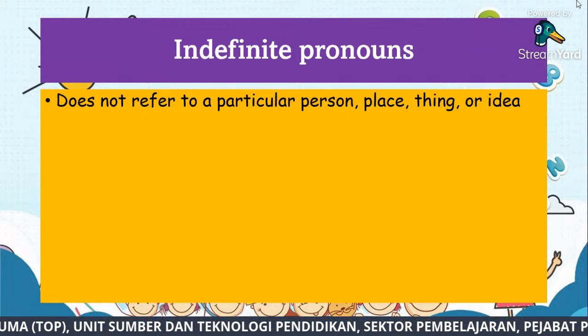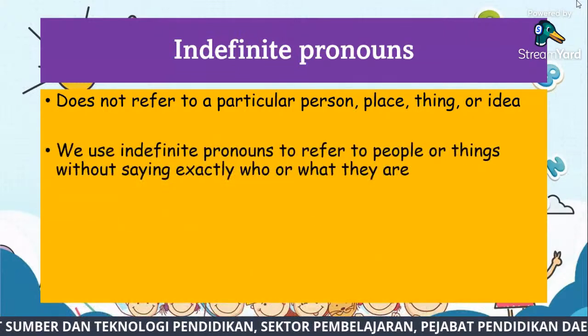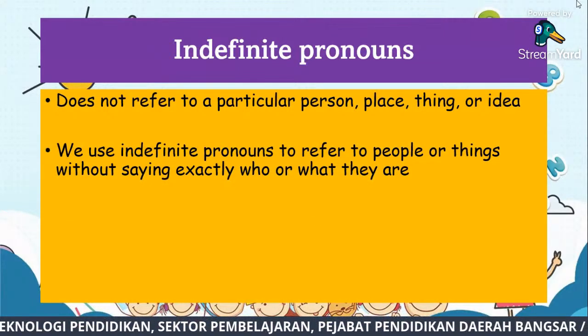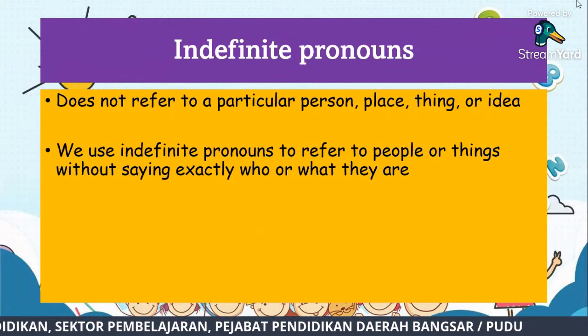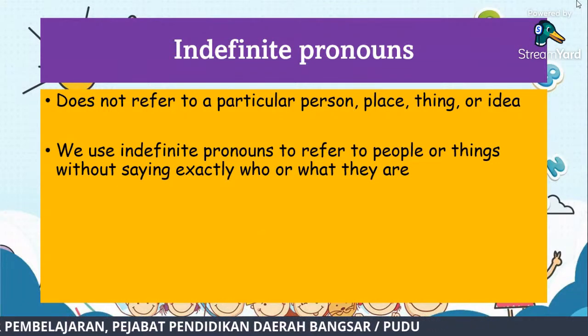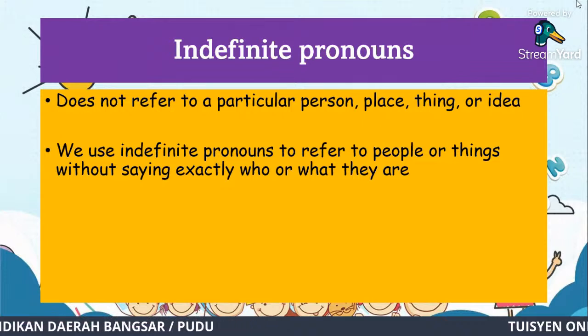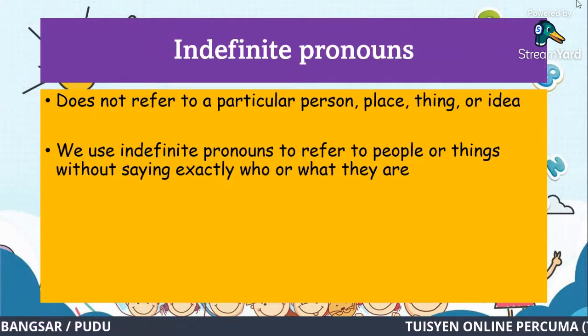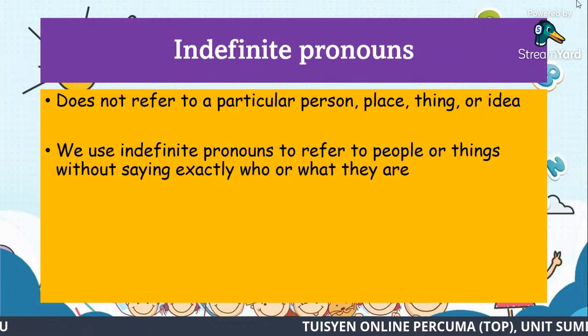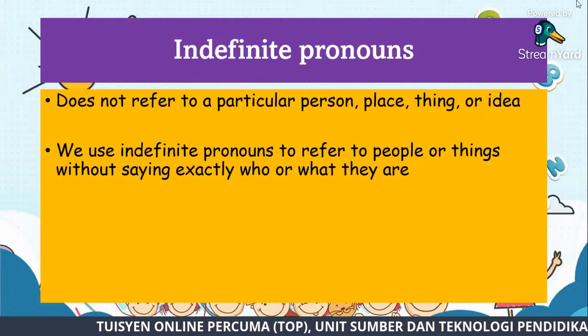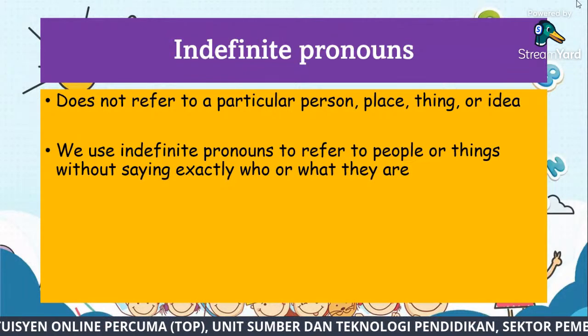That is called an indefinite pronoun. We use these pronouns to refer to people or things without saying exactly who or what they are. Maybe there will be a situation where you don't know who that person is, so how are you going to refer to them? In that case, we will be using indefinite pronouns.